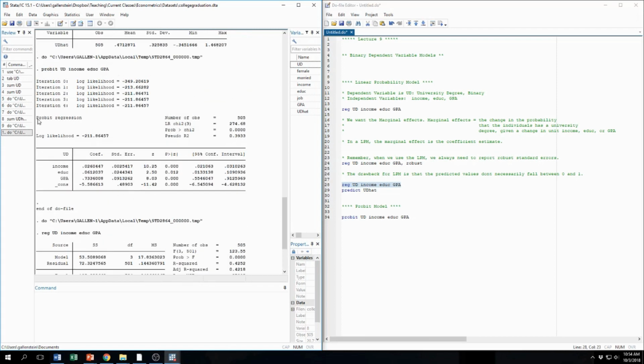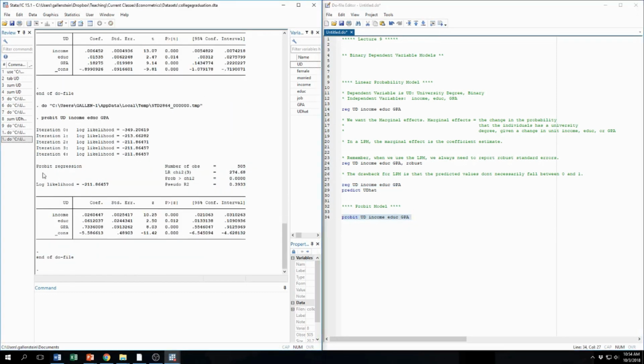So these results, we can look at and interpret. We can read the data output in a very similar way. Let me run this again, and we're just going to focus on this. So here's our probit model results: pseudo r squared, coefficients, standard errors, z-statistic, very similar to t-statistic, and our p-value.